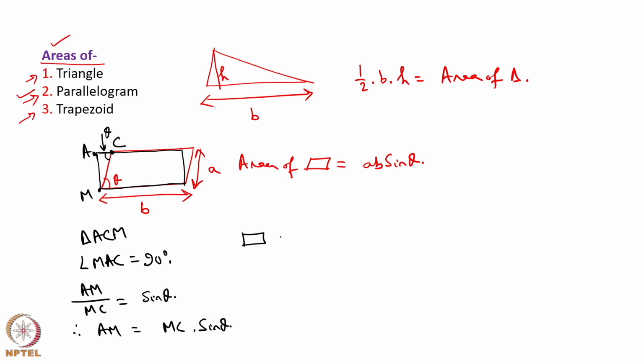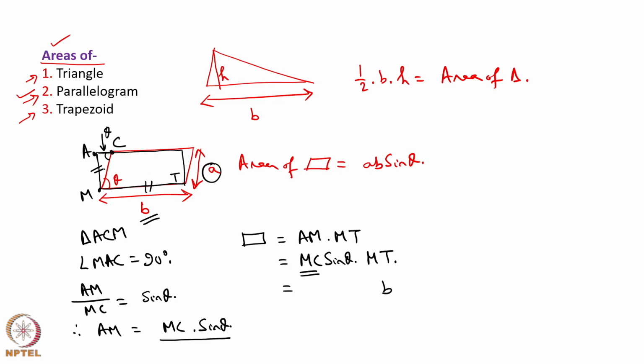The area of the rectangle is given by AM multiplied by MT, which is equal to MC sin theta multiplied by MT. MT is b, MC is the length a, this length is equal to that length. Therefore, the formula is ab sin theta.